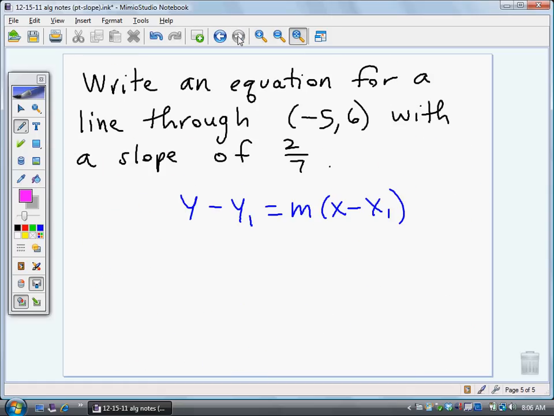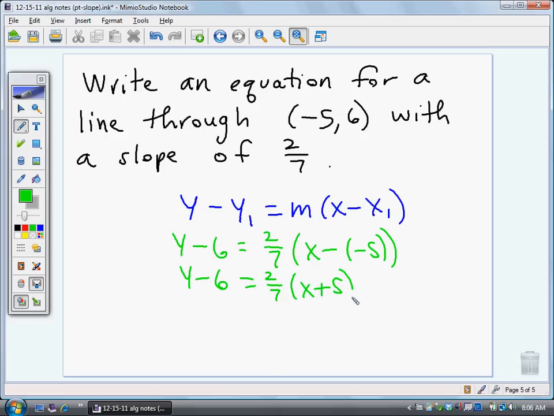Okay, and the last thing I'm going to do is solve this equation here one more time to show you what to do. We plug in our points. y minus 6 equals, slope is 2/7, x minus -5. Okay, this would be y minus 6 equals 2/7 multiplied by the quantity of x plus 5. y minus 6 is equal to 2/7 x plus 10/7, which is 1 3/7.